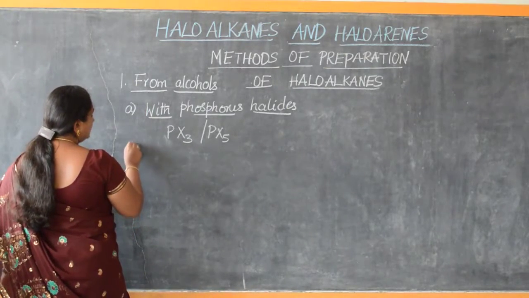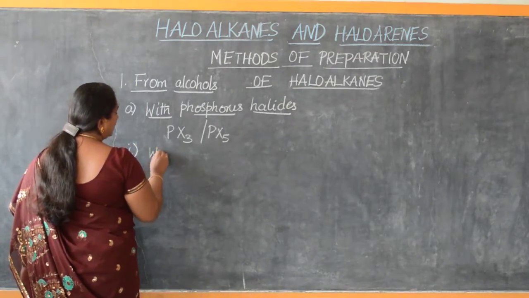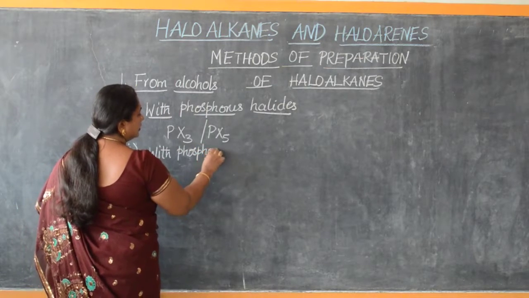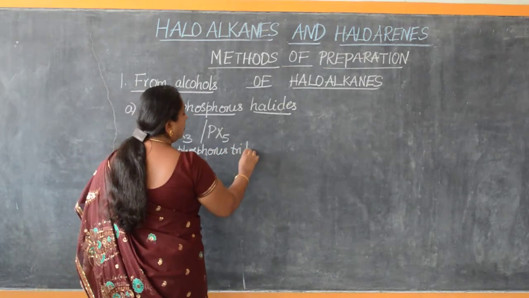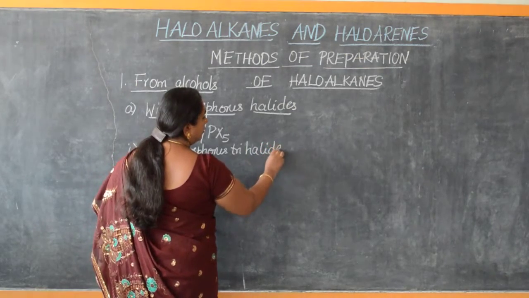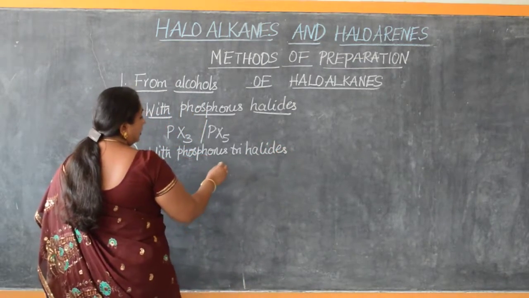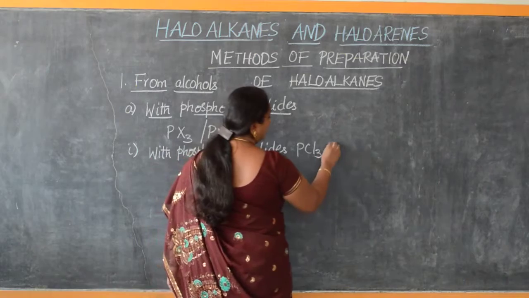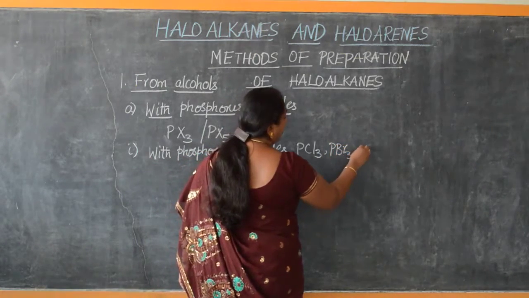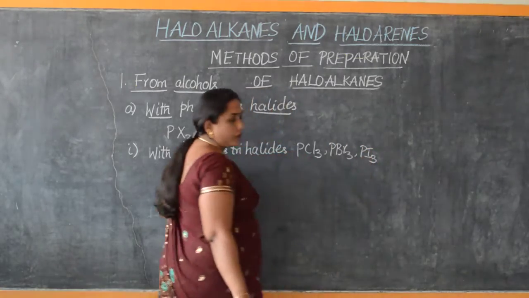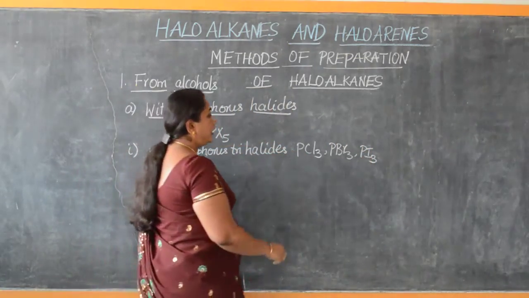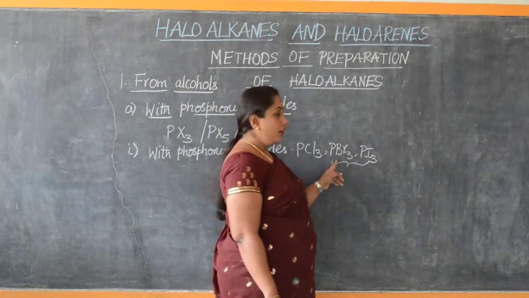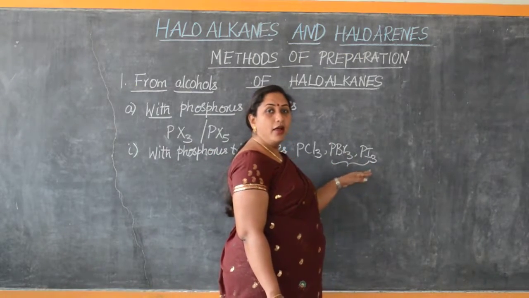Now let us understand the first reaction with phosphorus trihalide. A very important point to be noted and remembered in this case is that phosphorus trihalides, namely phosphorus trichloride, phosphorus tribromide and phosphorus triiodide, are all unstable. These two in specific, phosphorus tribromide and phosphorus triiodide, are highly unstable.